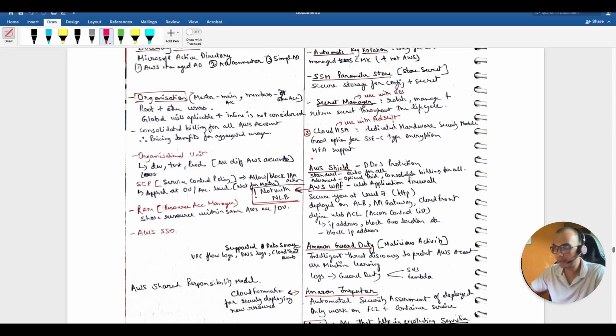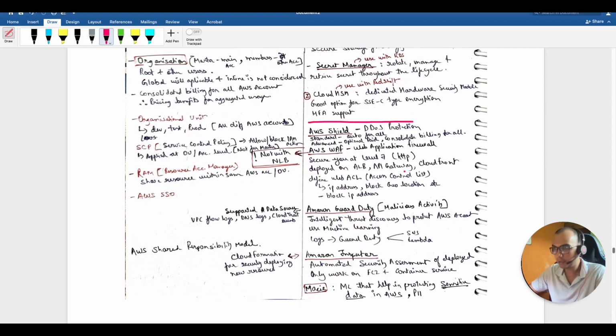Again, from here to here, it was very confusing because AWS Shield, Web Application Firewall, GuardDuty, and Amazon Inspector are similar kinds of services, but you have to understand the difference between all of them.